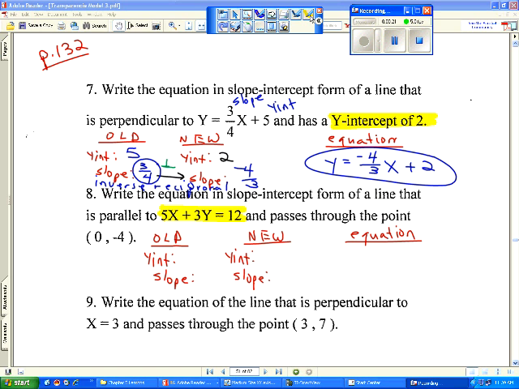I'll just do it up here. So we're going to take 5x plus 3y is equal to 12. We're going to go from standard to slope-intercept, which means we need to isolate the y. To isolate the y, my first move is to move the x to the other side, remembering to change the sign when you cross over.